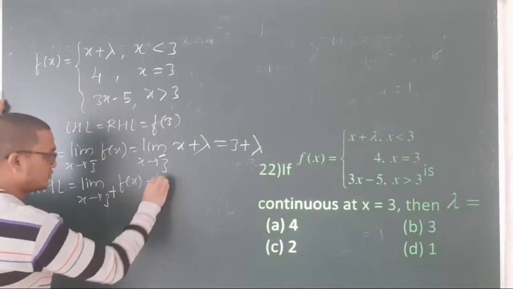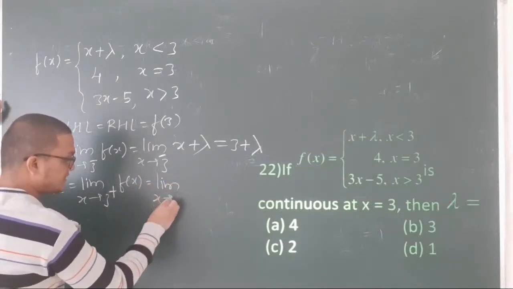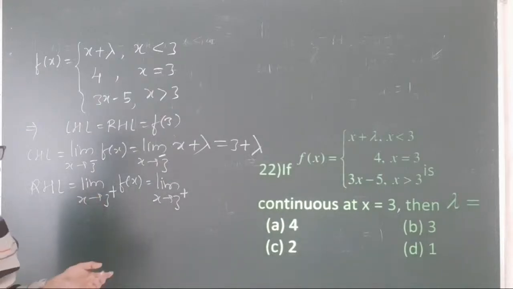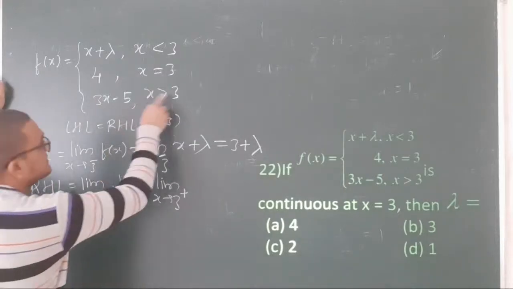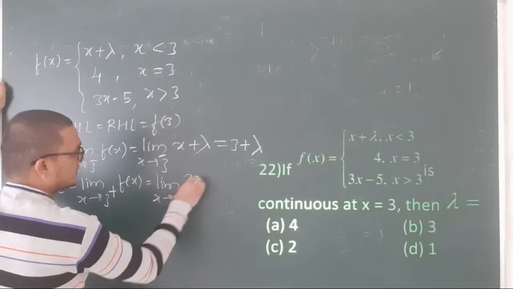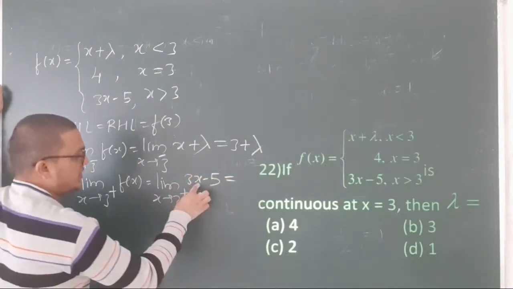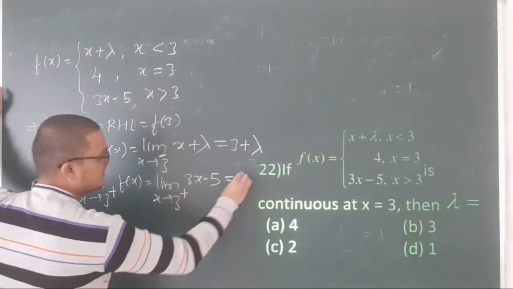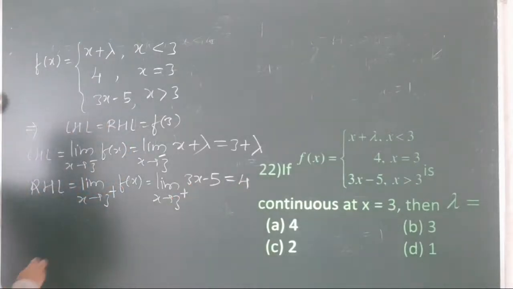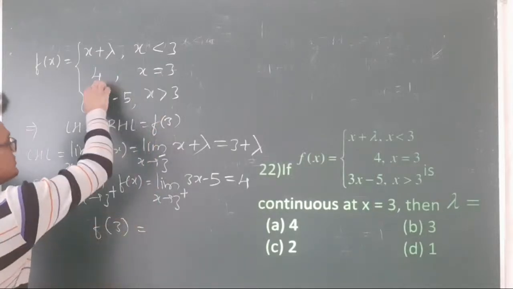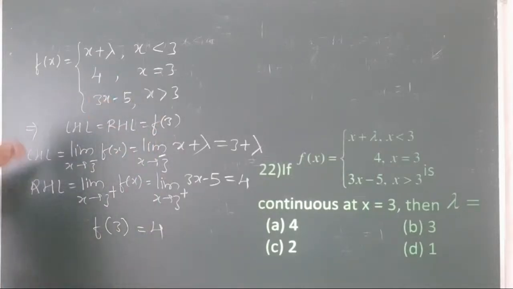RHL means x is greater than 3, and for x greater than 3 the function is 3x minus 5. Now put the limit as x tends to 3, 3 3s are 9, 9 minus 5 is 4. And what is f of 3? For x equals 3 the function answer is 4.